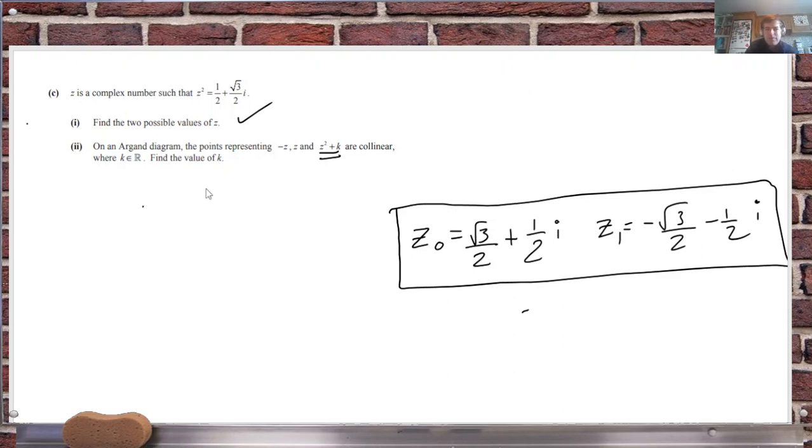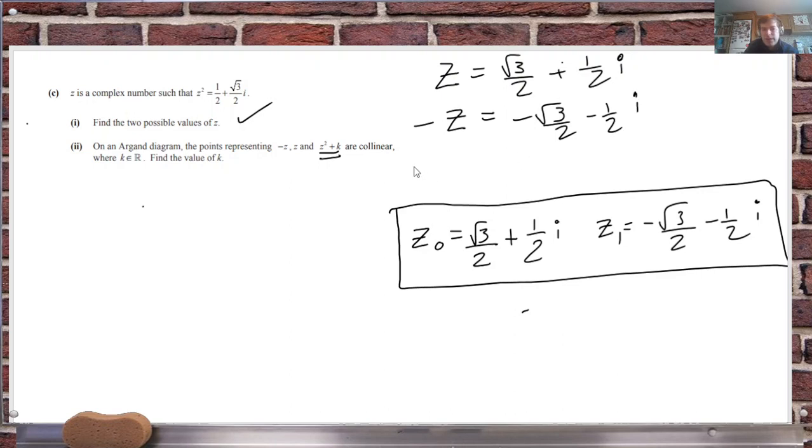Okay. So we have z equals root 3 over 2 plus a half i, minus z equals minus root 3 over 2 minus a half i, and then z squared plus k equals a half plus k plus root 3 over 2 i.